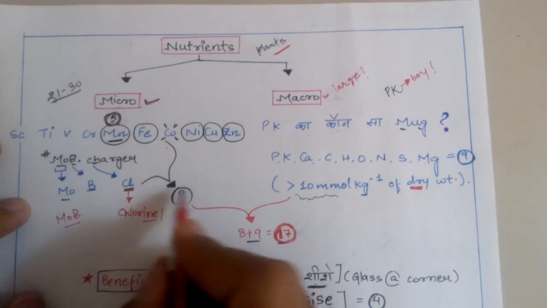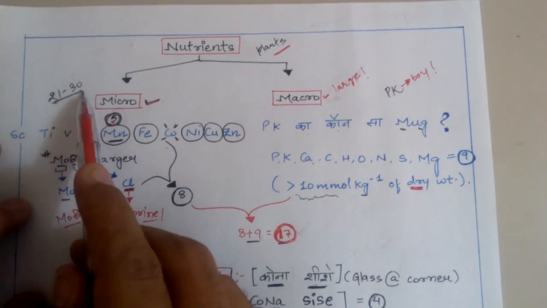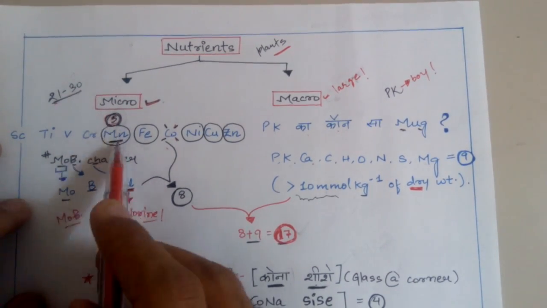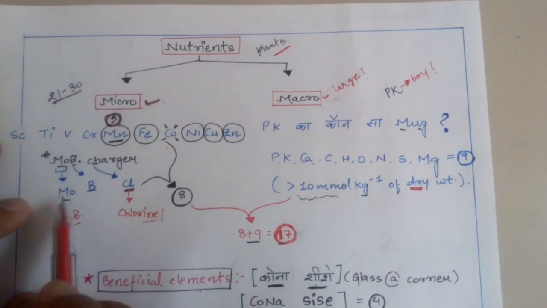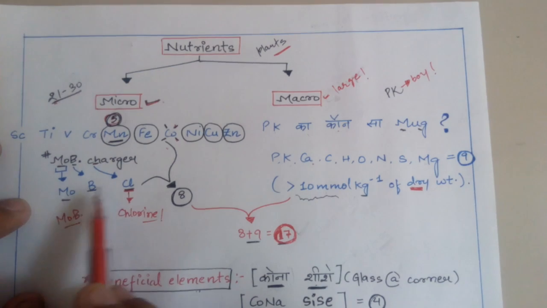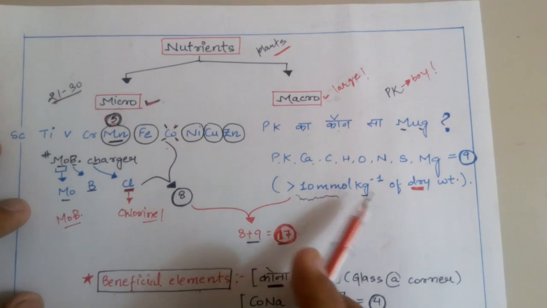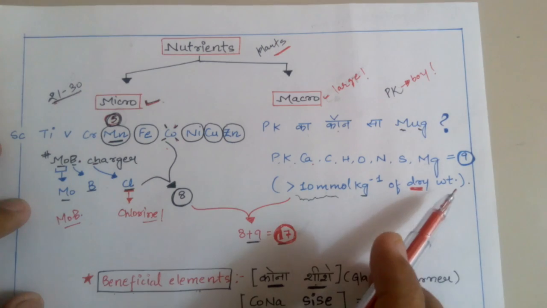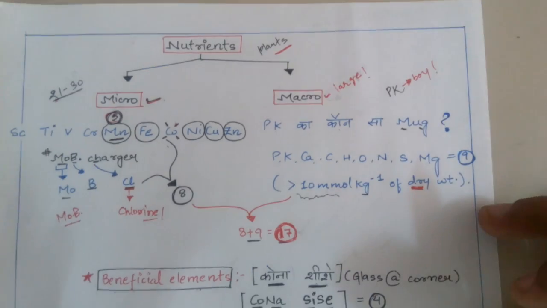So there are 8 micronutrients: 5 from atomic number 21 to 30, starting from the 5th element except cobalt, because cobalt is a beneficial element, and mobile charger, that is Mo, B and Cl. So there are 8 micronutrients and 9 macronutrients, which add up to a total of 17 nutrients. So this is about micronutrients and macronutrients.